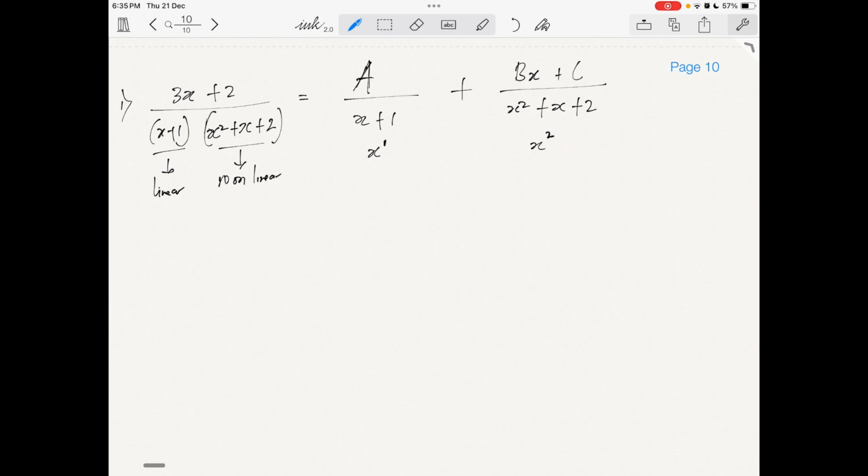Let me try and explain all that again. At the denominator we have x to the power 1, so we will have x to the power 0 at the numerator. We have x to the power 2 as the highest power at the denominator here, so at the numerator we have x to the power 1 and x to the power 0.